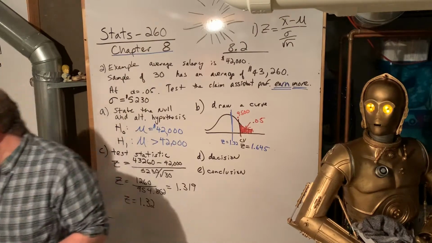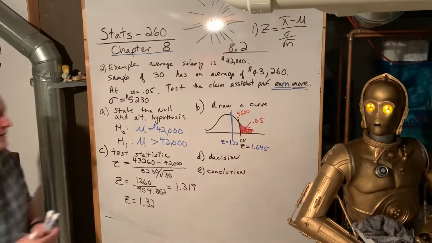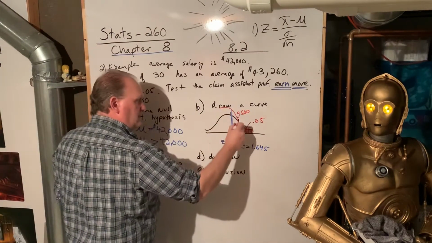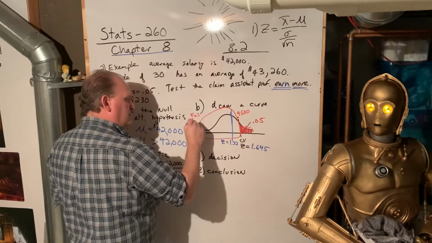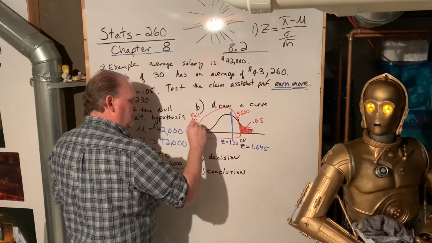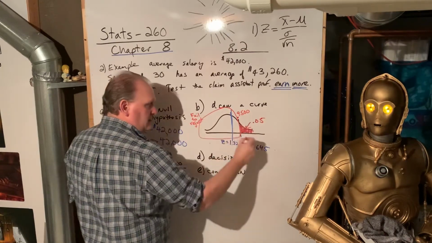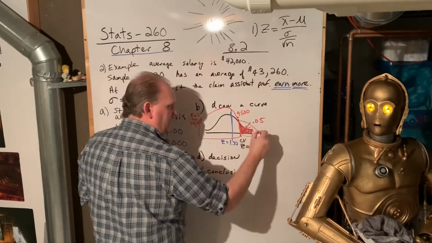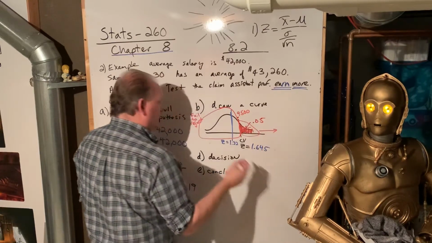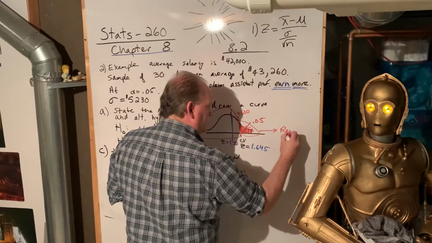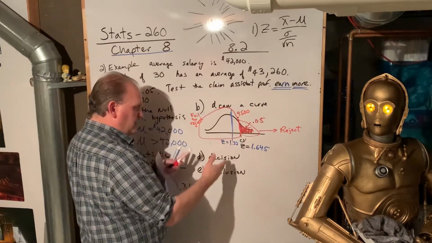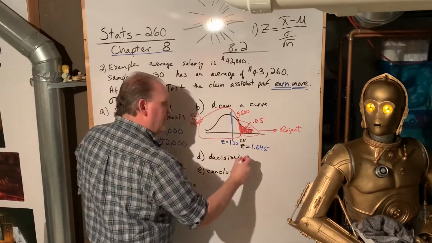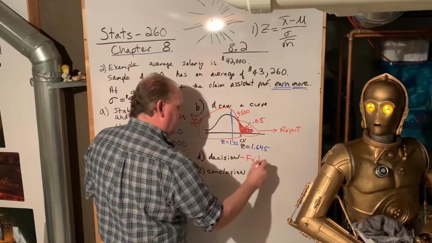That means anything in here is evidence for fail to reject. Anything in here is evidence for reject. And so since it ended up in the non-critical area, our decision is fail to reject the null.